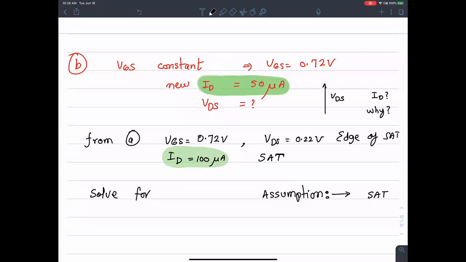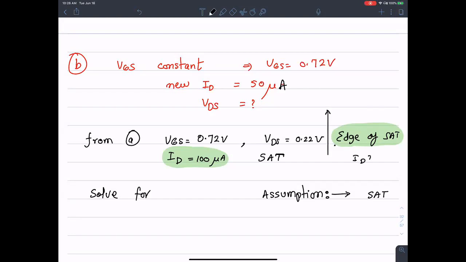In this case, right on the edge of saturation, when I try to increase the value of VDS, what happens to ID? And why do you think that happens? I think the current is going to increase.